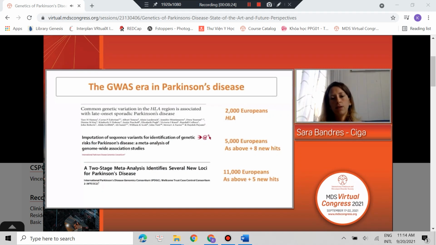This slide really illustrates how the number of cases increased with time as more groups and more samples were collected. And it should be pointed out here as well that these collaborative groups form the basis of the International Parkinson's Disease Genetics Consortium that has been crucial to promote open science and to connect researchers and clinicians worldwide.